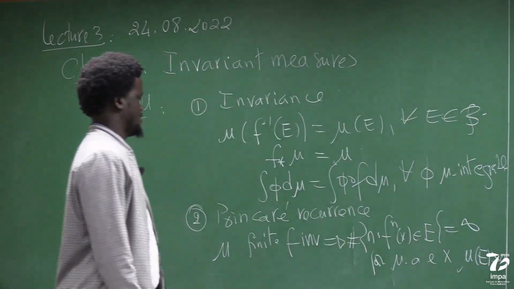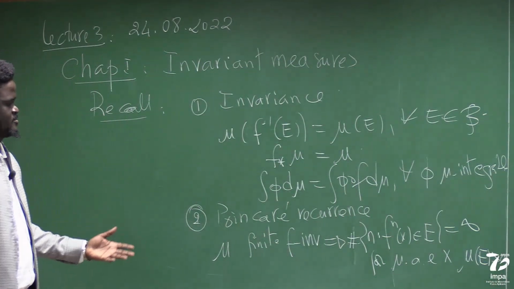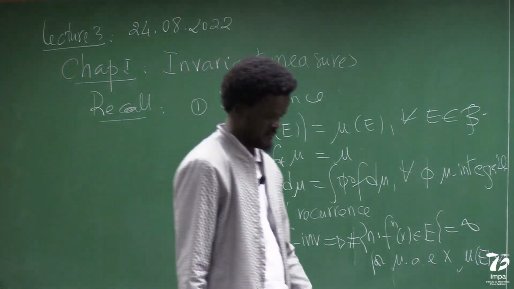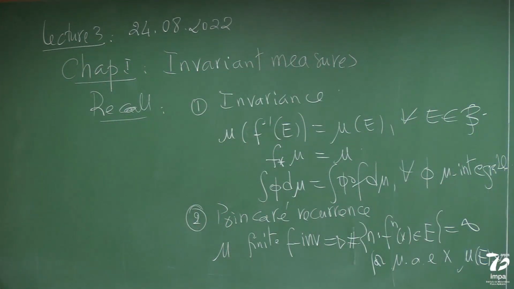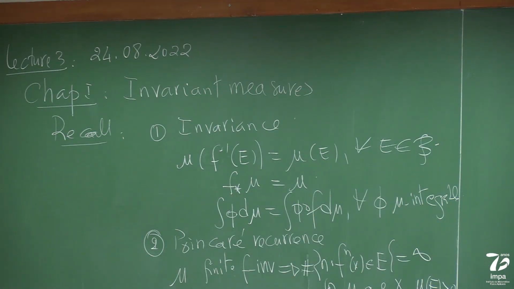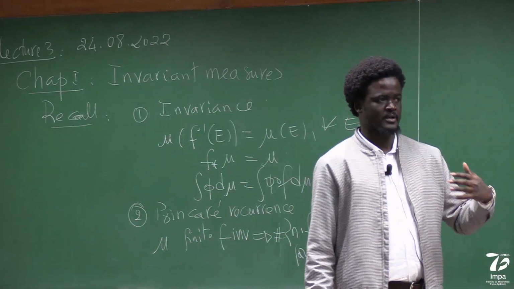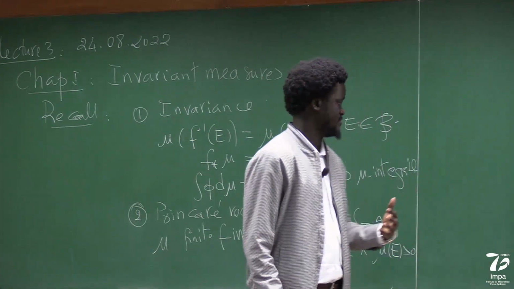You can see many applications of this property. If you remember, I gave an example of a contraction map on the disk where everything is converging to the fixed point 0. You can use this theorem to say that it has only one invariant measure.